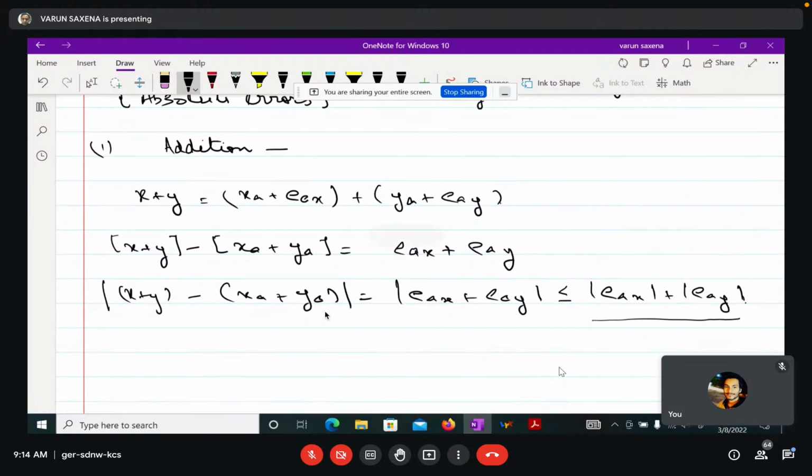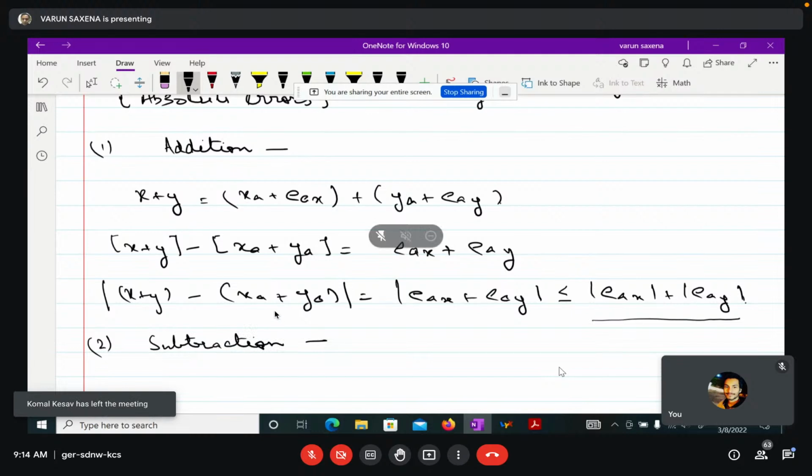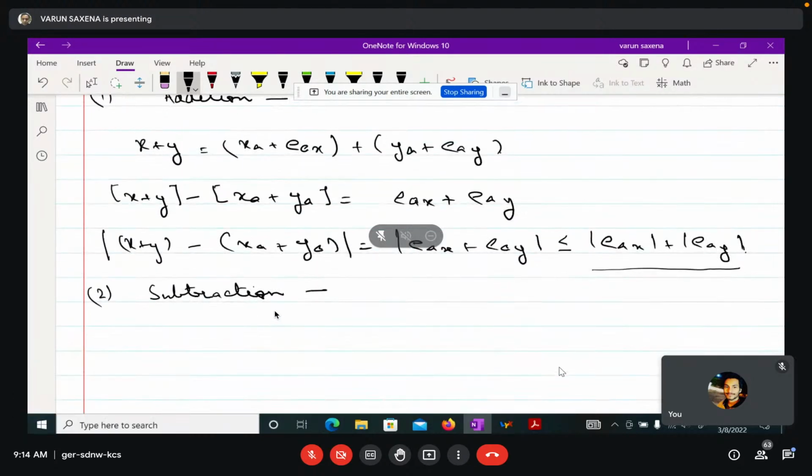All right. So let's look at the second case of subtraction. So subtraction will follow similarly. So you'll have x minus y is xa minus ya plus eax minus eay.